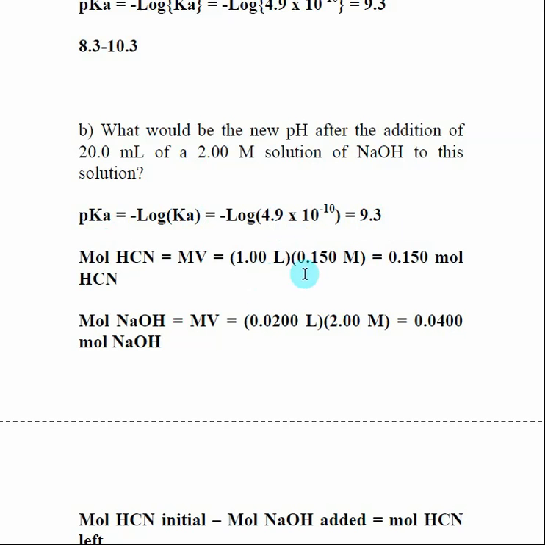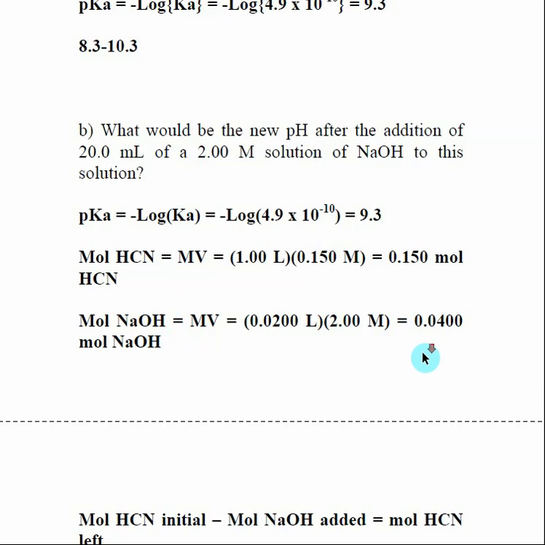But the first thing I want to do is find out how many moles of my weak acid and strong base I've added. Moles is equal to molarity times volume. So the molarity and the volume of HCN were given, and the molarity and volume of sodium hydroxide, which is going to equal my moles of hydroxide, were also given.